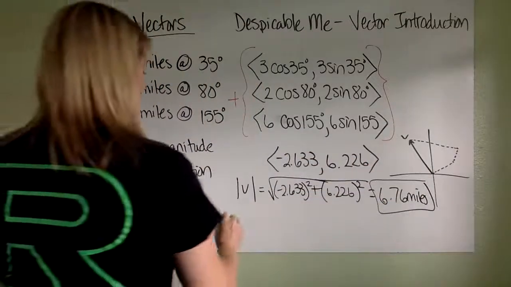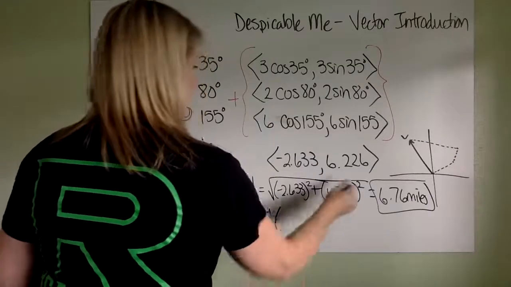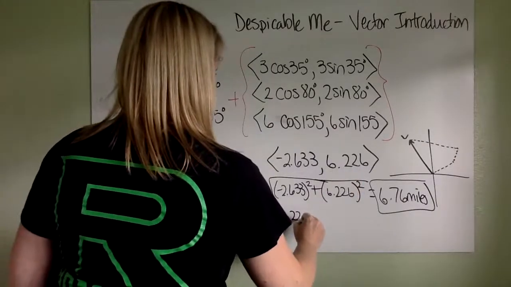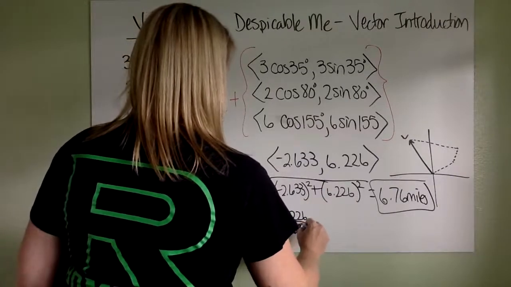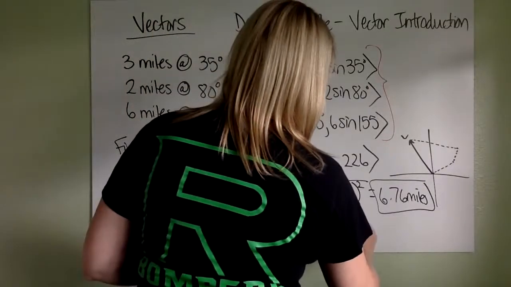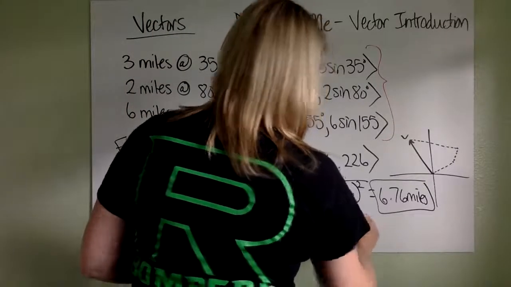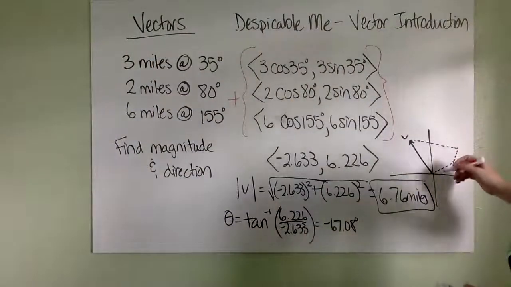And then we use our inverse tangent of the y value, the 6.226, divided by the negative 2.633, and we get a negative 67. So this is one I looked at earlier. Again, negative 67 is going to be down here in the fourth quadrant.